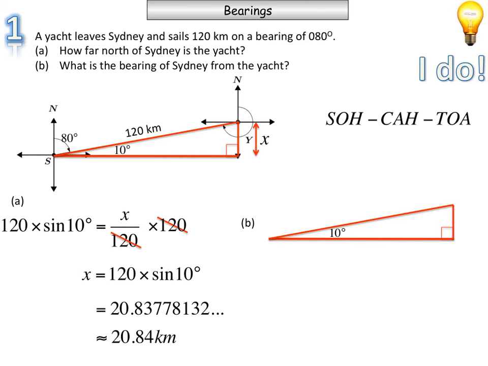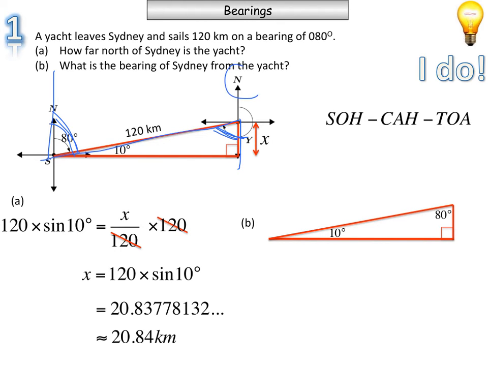If this angle here is 10 degrees, what is this angle going to be up the top? The angle sum of a triangle tells us that that's 80 degrees. We can also see that we've got alternate angles, so this angle here will be equivalent to that angle there. Alternate angles on parallel lines are equal.